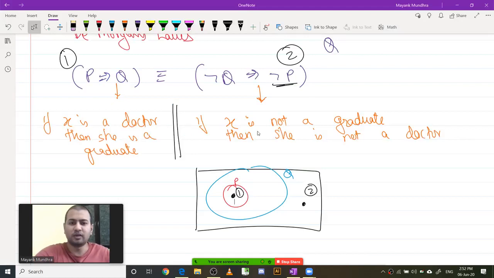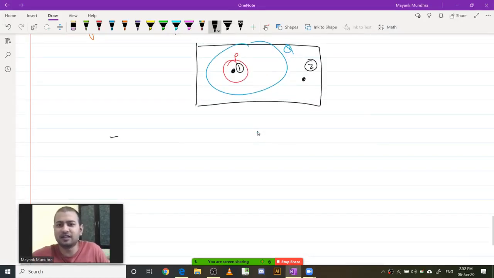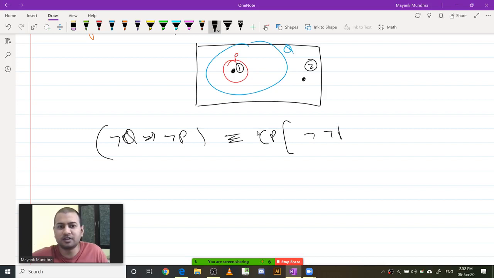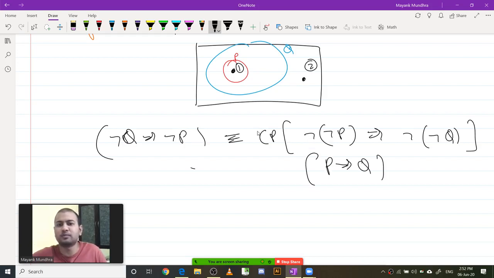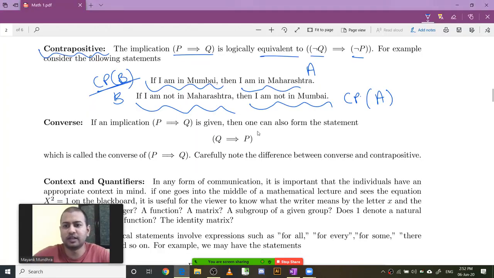So if you start with the statement negation of Q implies negation of P, then its contrapositive is going to be negation of P implies negation of Q, which is basically P implies Q. Okay. So if B is the contrapositive of A, then A is the contrapositive of B. Okay. So that's what I am trying to say here.